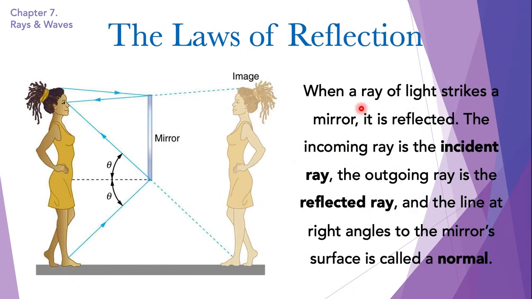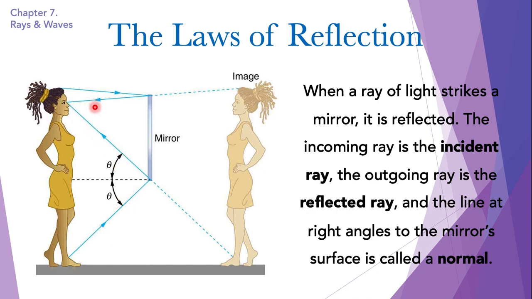So, when a ray of light strikes a mirror, it is reflected. Here is what I'm talking about. A ray of light from this woman's forehead struck a mirror and it got reflected back into her eye. In the same way, we have light coming from here and gets reflected in her eye.